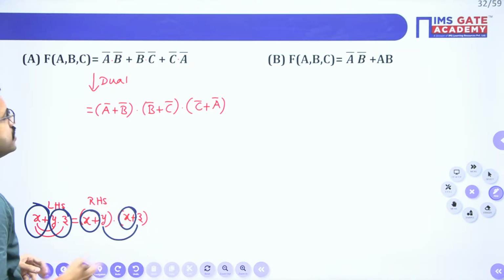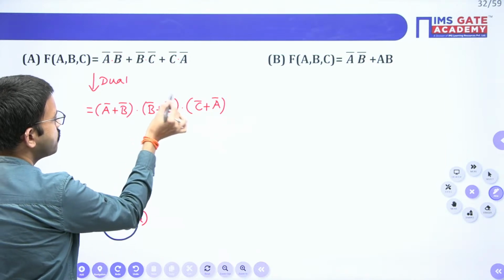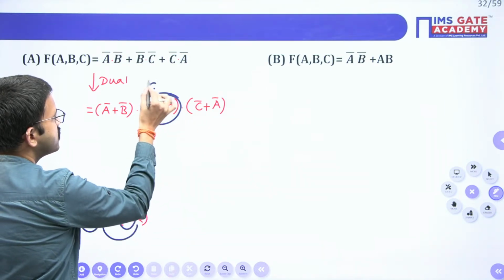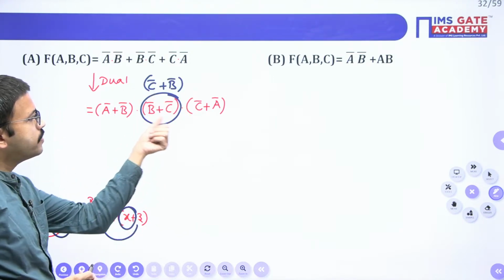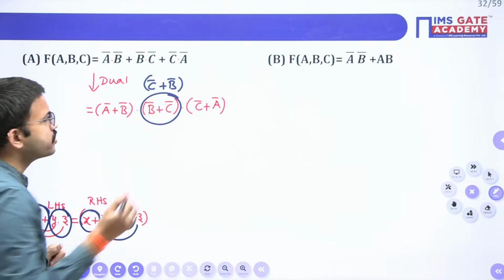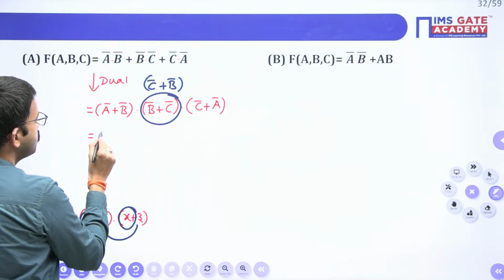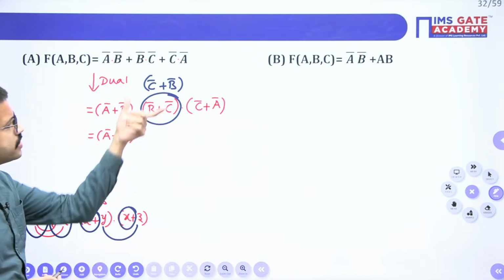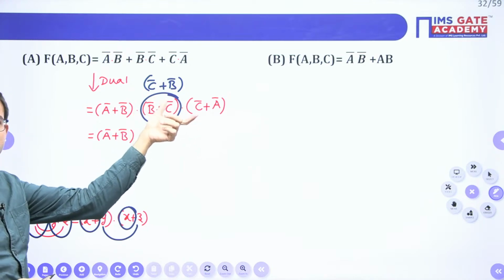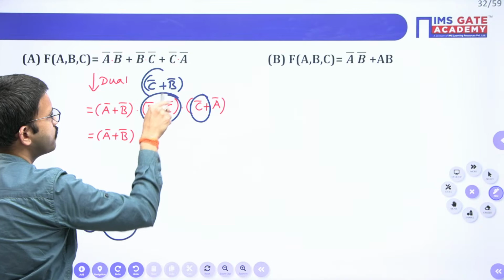Now with this understanding, for example this b bar plus c bar, for the timing I am writing it as c bar plus b bar, both are same. Now carefully observe, the first term I will write as it is. Now just apply the distributive law RHS to LHS here. Here c bar plus something, here also c bar plus something.